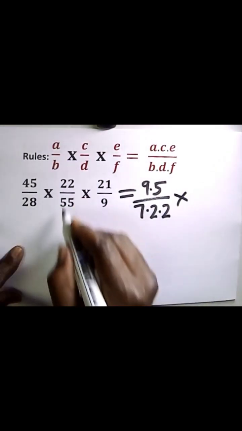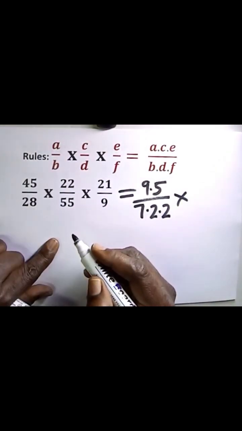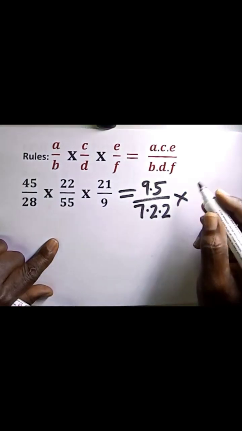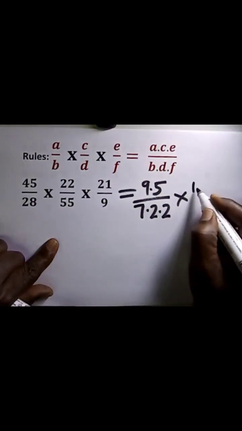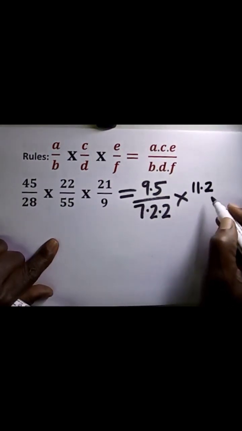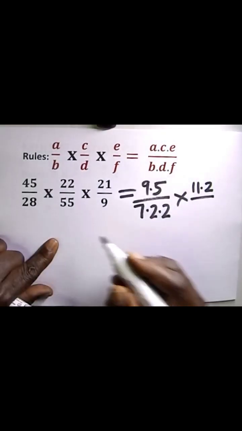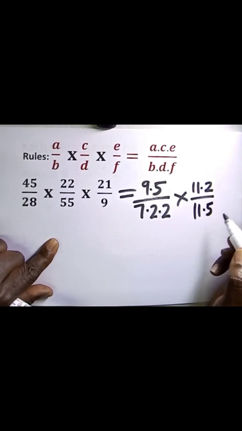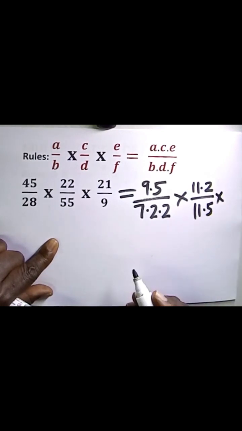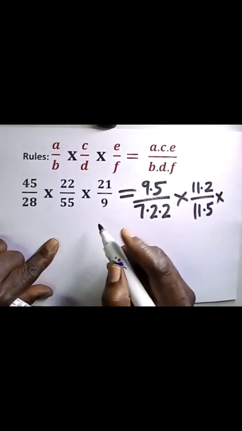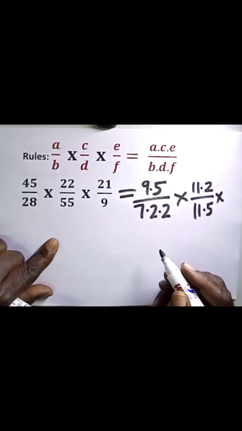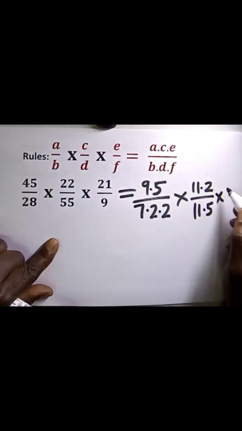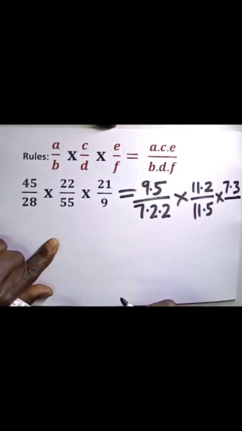So now we go to the middle fraction. 22 can be expressed as 11 times 2. And 55 can be expressed as 11 times 5. You agree? Now, the last fraction, 21 over 9, can be expressed as 7 times 3 all over 9.